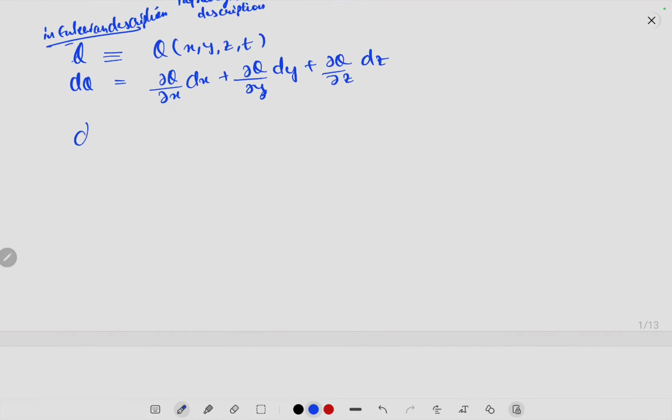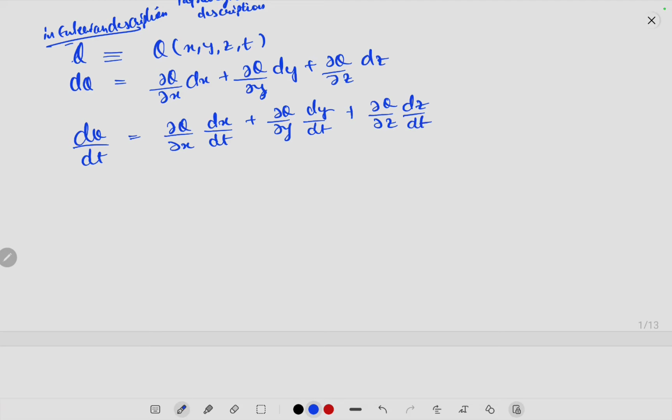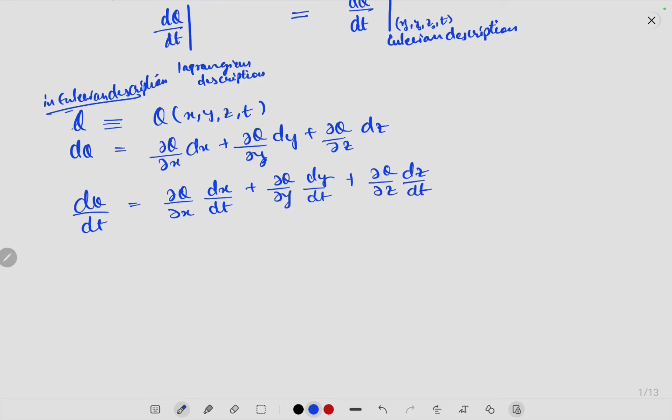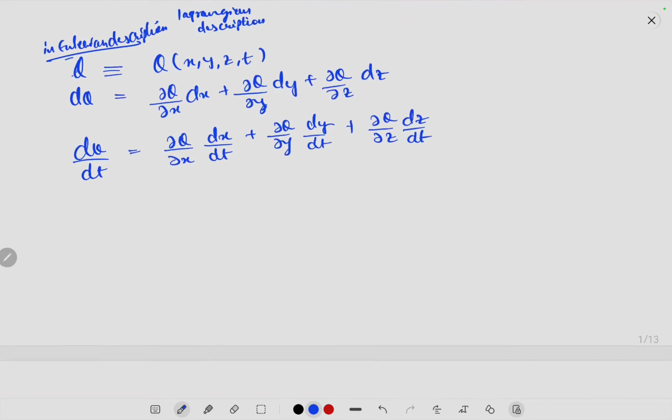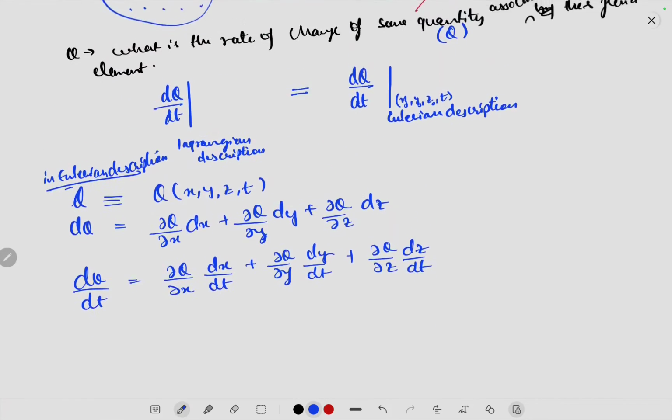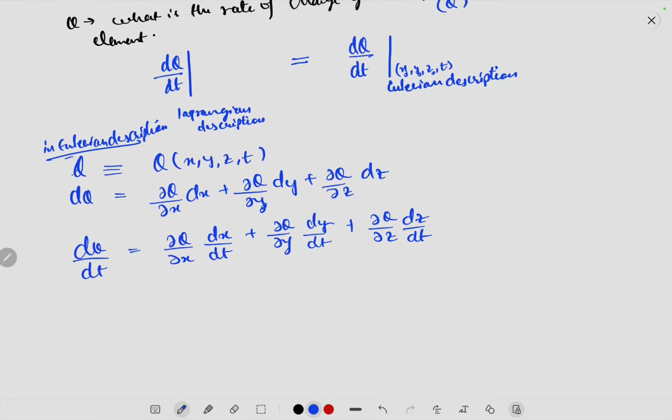And dq by dt would be equal to del q by del x dx by dt plus del q by del y dy by dt plus del q by del z dz by dt. Okay, right? Now we are interested in knowing dq by dt at x naught, y naught, z naught and t.